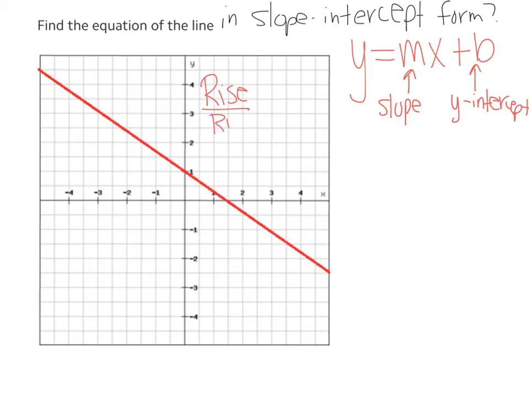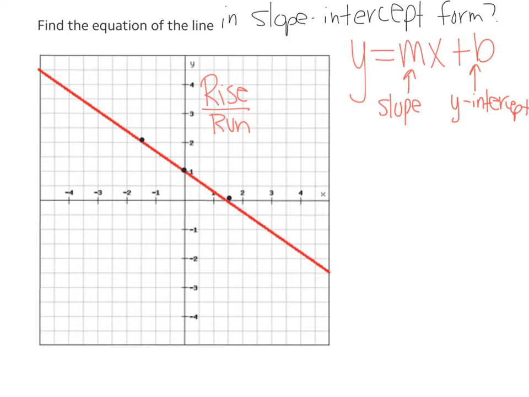So we need to find 2 points on our line, and it doesn't matter what 2 points we choose. So I'm going to find multiple points just to give you guys examples. So looks like this is a point that's on my line. This is a good point. This one. There are lots of points where it goes through the little crosshairs, and that's what we want.